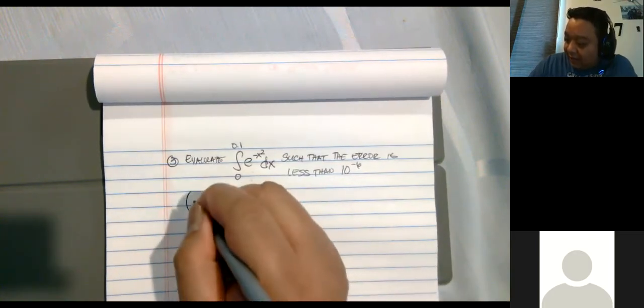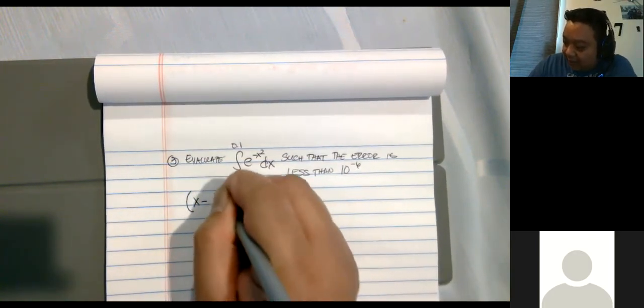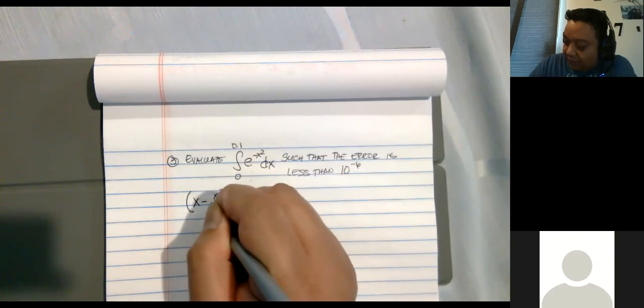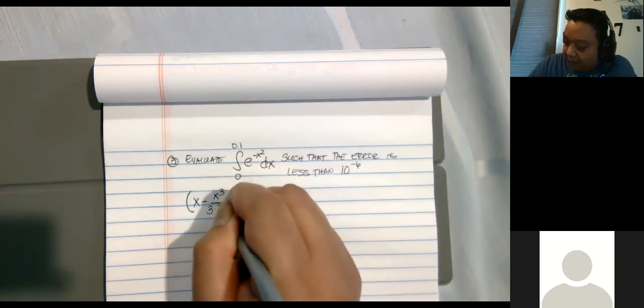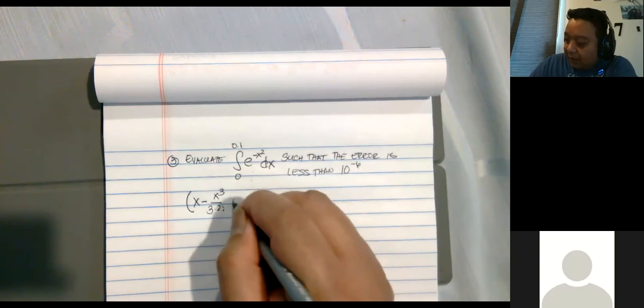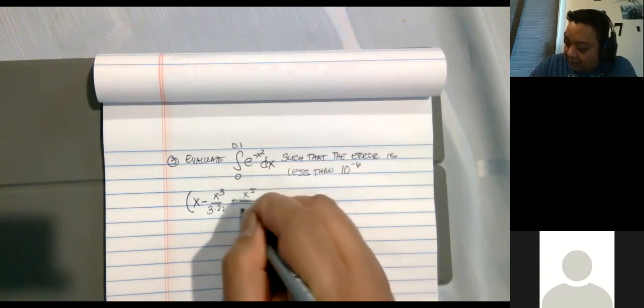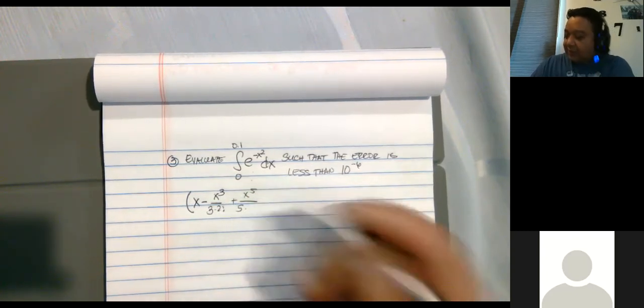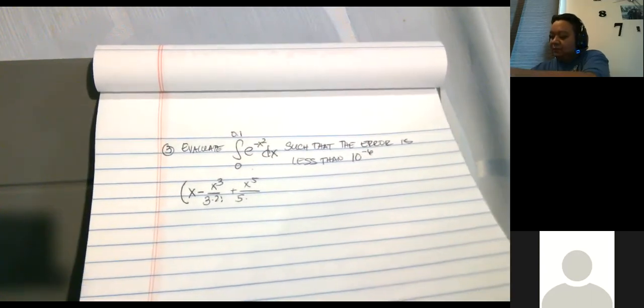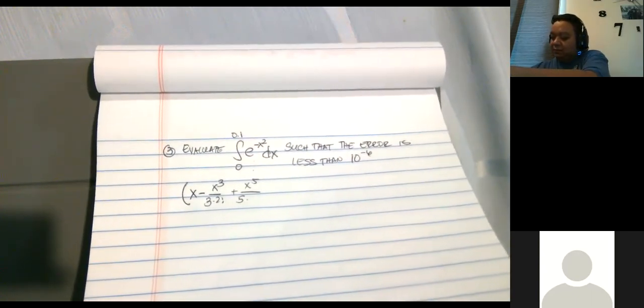So it's x minus x cubed over 3 times 2 factorial, okay, plus x to the 5th over 5 times 3 factorial. Sorry, this is just times 3.